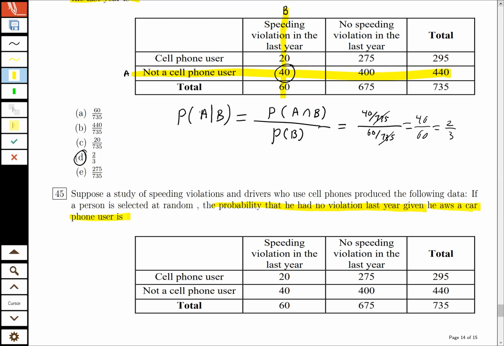Now, let's see what our events are. The first event, he has no violation. That's the event we call A. And the second, he was a car phone user.